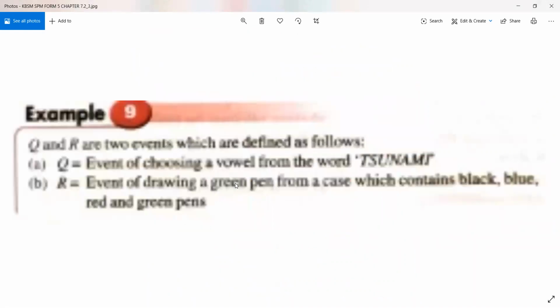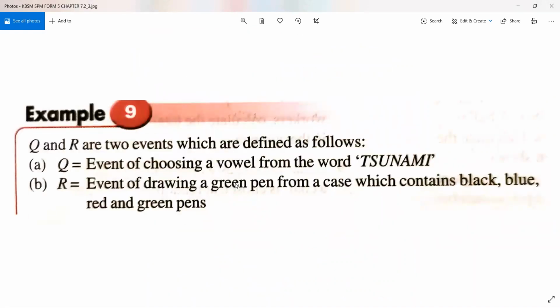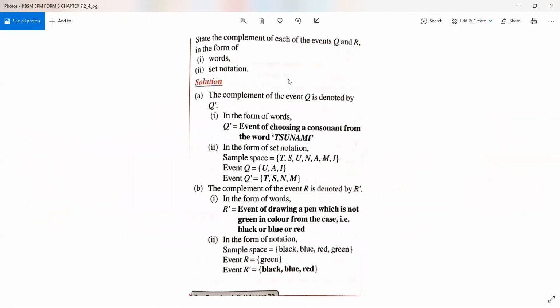So let's say Q and R are two events. Q is the event of choosing a vowel from the word tsunami. Tsunami, we have T, S, U, M, I. We need to state the complement of each of the events Q and R in the form of words and set notation.